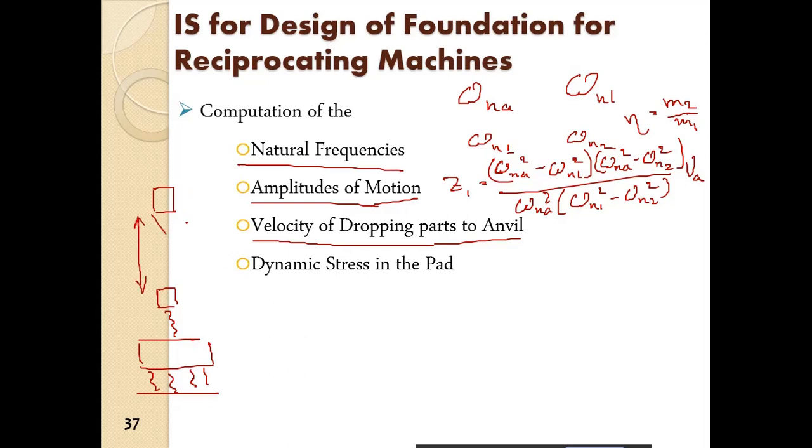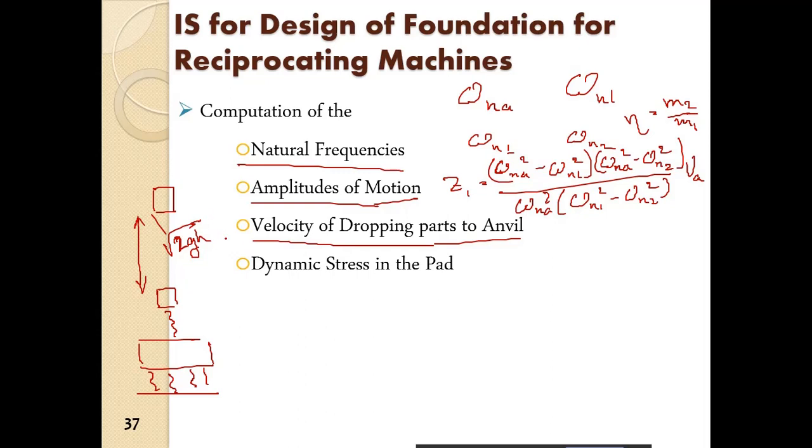Then the potential energy gives the velocity root 2gh.